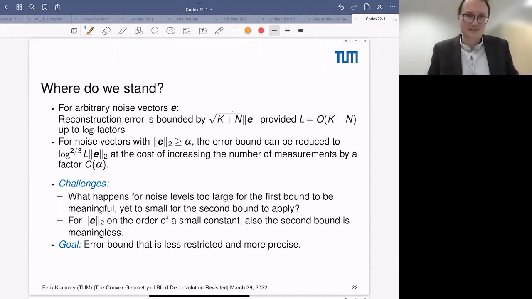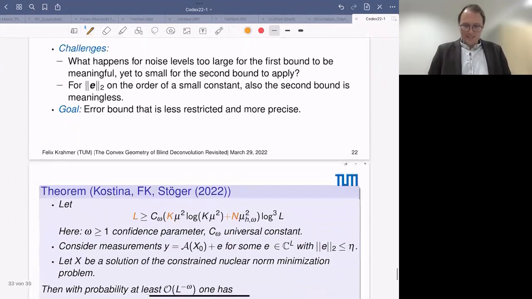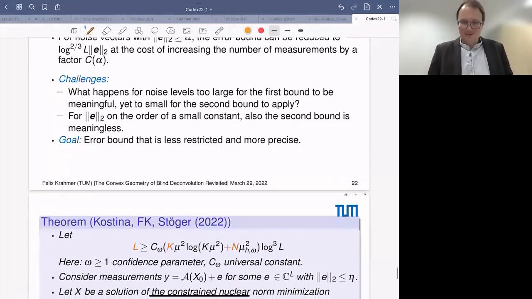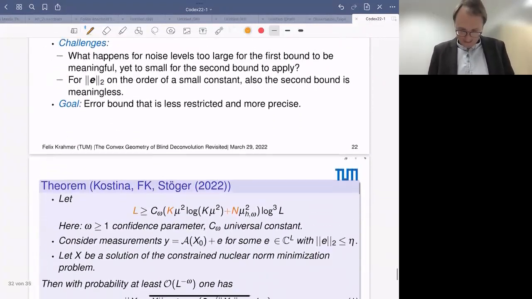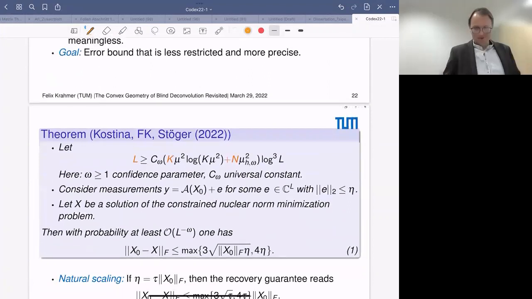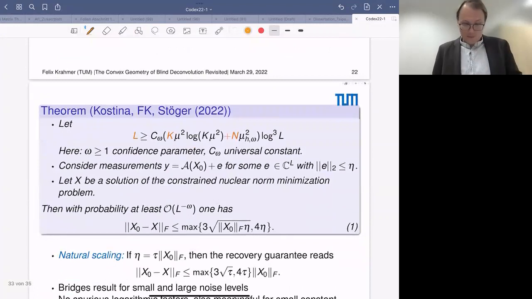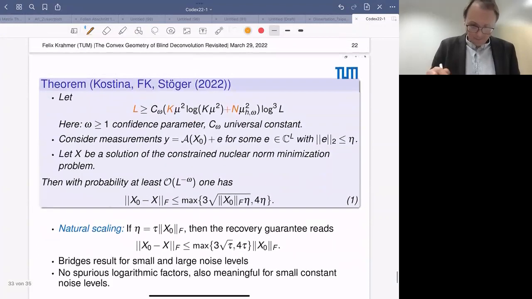But both of them are not very interesting if you have a small constant, because then they grow with the dimensions. So we would like some error bounds that are less restrictive and yet more precise. That sounds like attacking the things from two angles, but in fact, here's what we found.